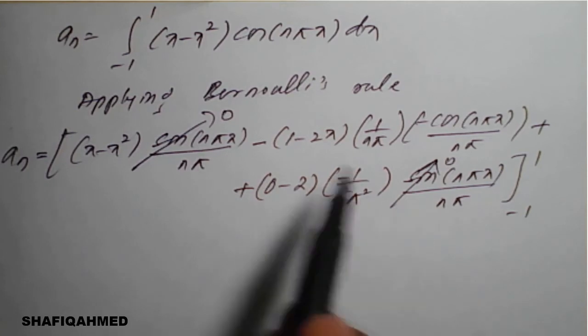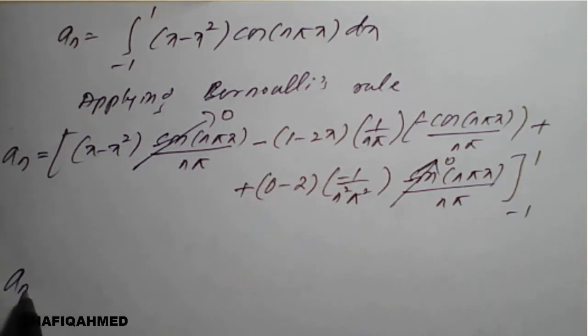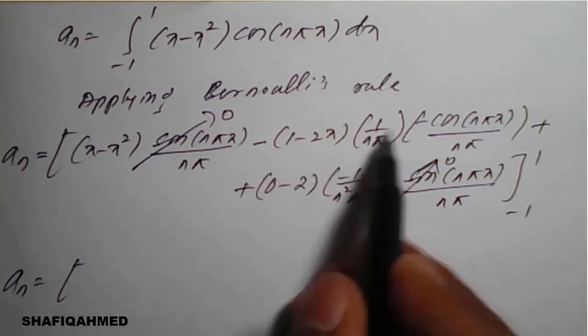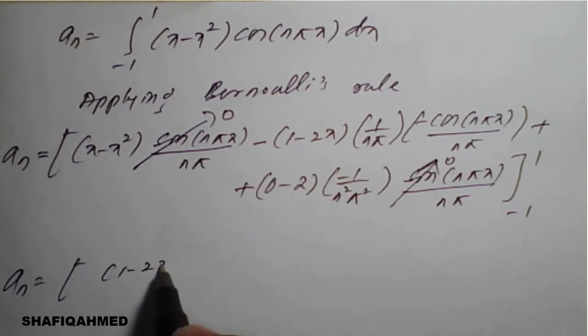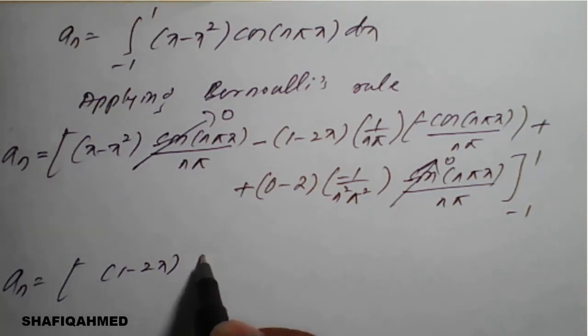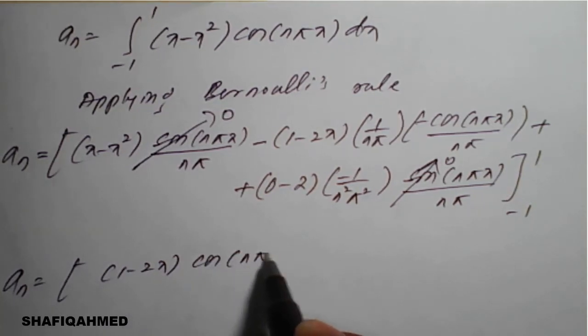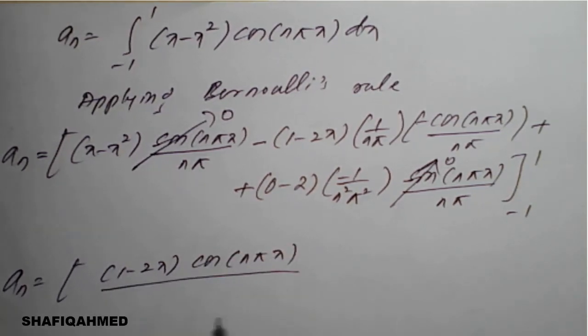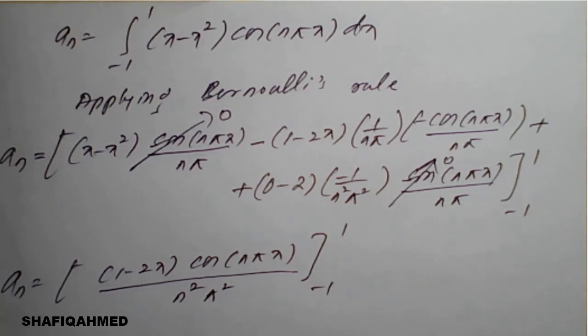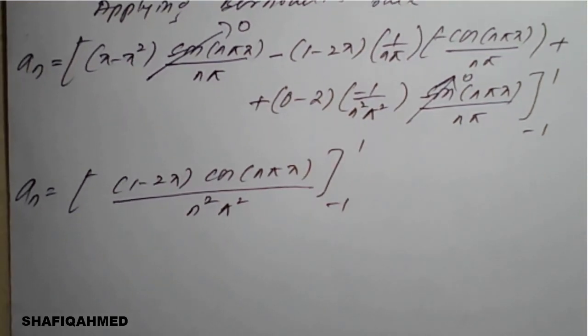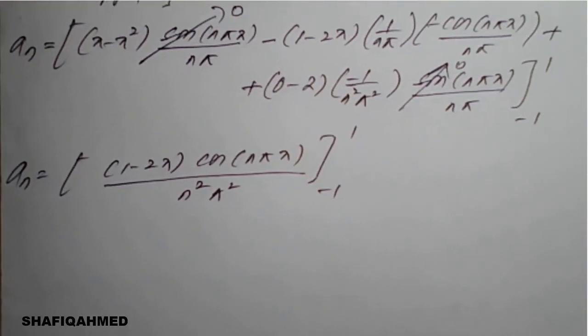So our a_n will be left with this, minus minus plus, so 1 minus 2x into cos of n pi x whole divided by n pi into n pi, which is n square pi square, limit from -1 to +1. On applying upper and lower limit, we'll see what happens.